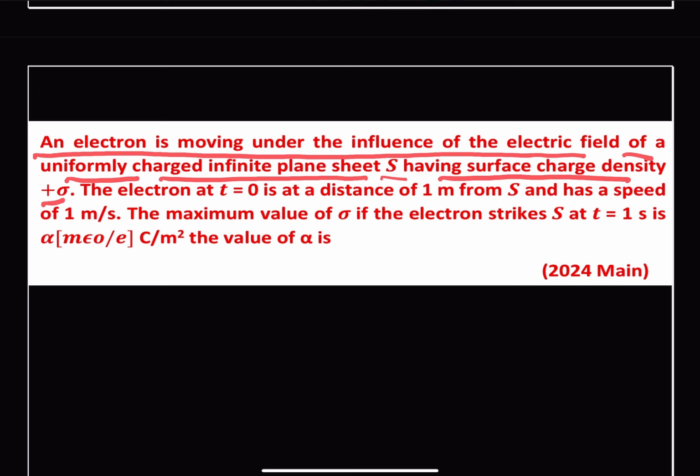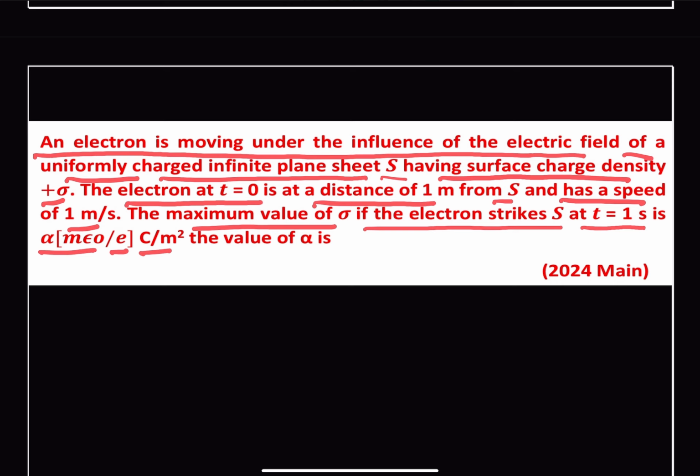The electron at t equal to 0 is at a distance of 1 meter from S and has a speed of 1 meter per second. The maximum value of sigma if the electron strikes S at time t equal to 1 second is alpha m epsilon naught over E coulomb per meter square. The value of alpha is.